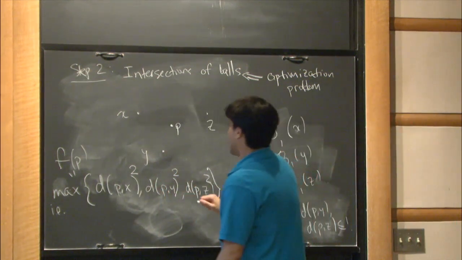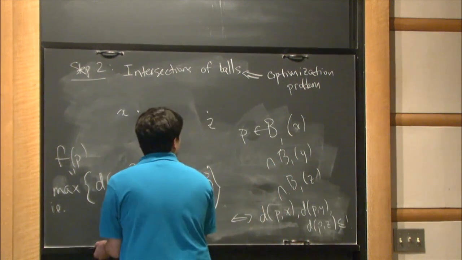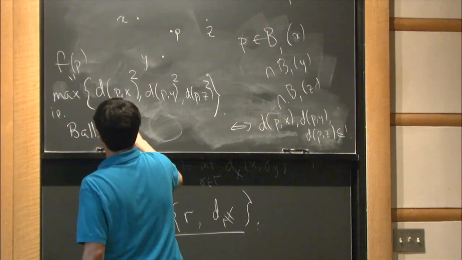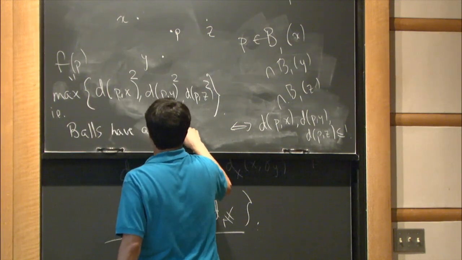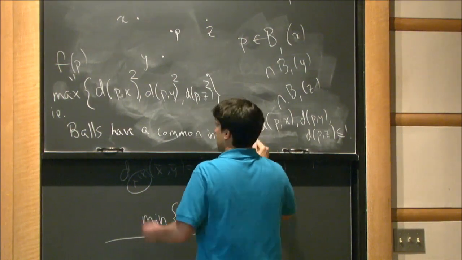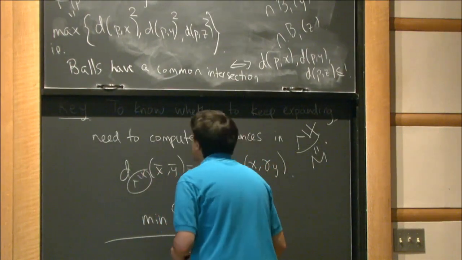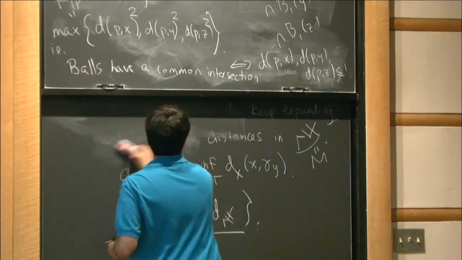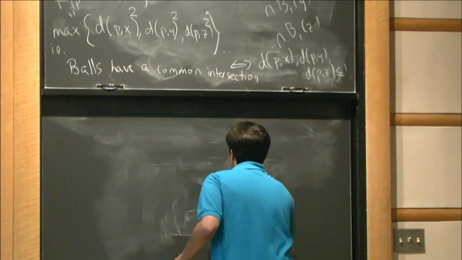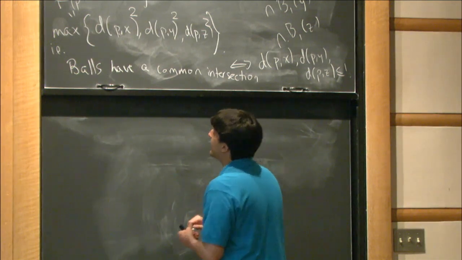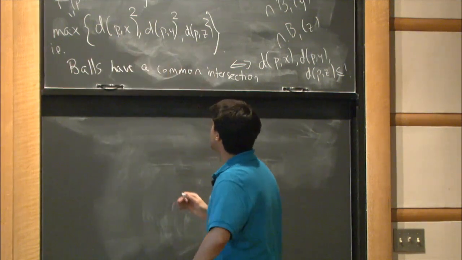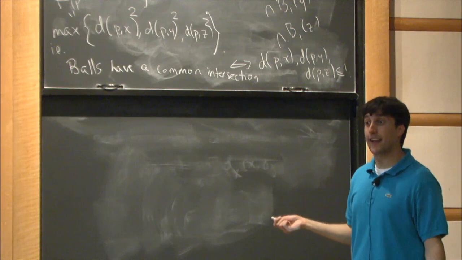So the balls have a common intersection point if and only if there is a point P for which the value of this function is less than or equal to 1.